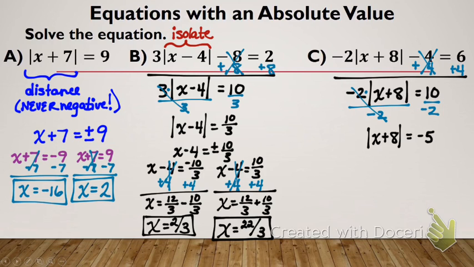What do I do after that? What's absolute value mean again? Distance from 0. And what do we know about distance? It can never be negative.